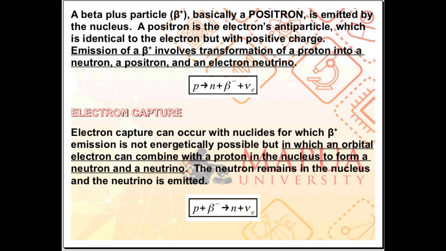So you have a proton combining with an electron to produce a neutron and a neutrino. The neutrino is emitted by the nucleus while the neutron remains in the nucleus. You have electron capture.